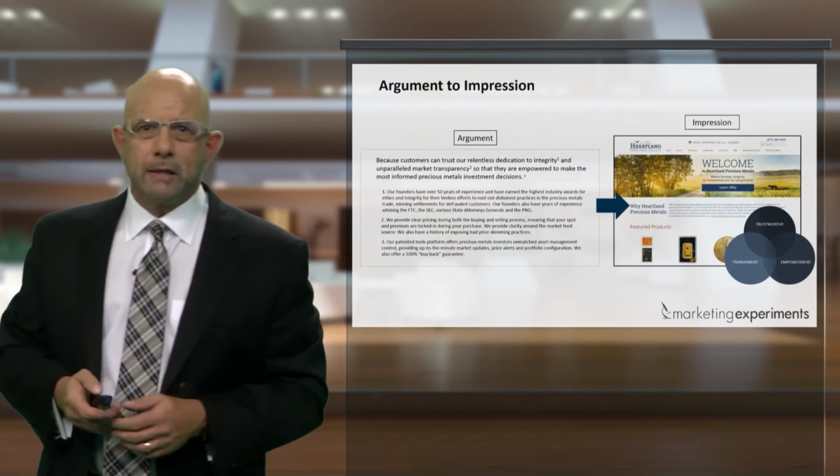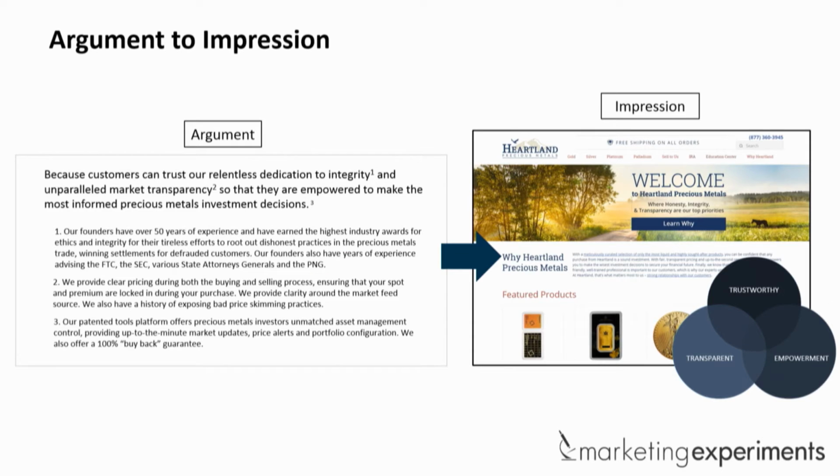So thinking about that together, let's look at this for just a moment. In this case, we have an argument on the left, and then as you view it, an impression on the right, and the combination of the impression and the argument help to place someone in a certain position, or get their mind to place the organization in a certain position.